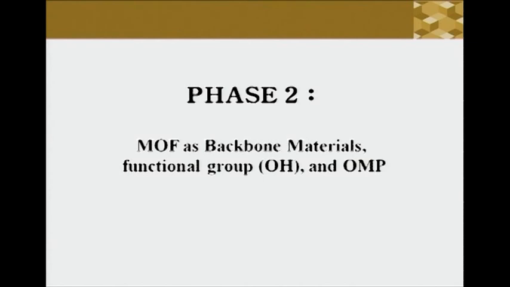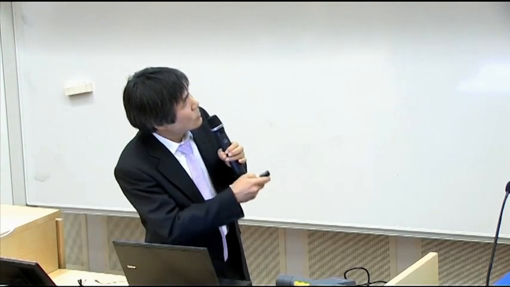So we chose MOF as backbone materials because MOF has crystalline structure, so we can analyze the details, spectroscopy and others. All these things are very convenient. And to suppress the clustering of transition metals, to make a long story short, we use functional groups.